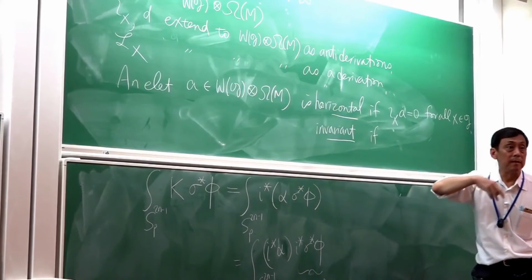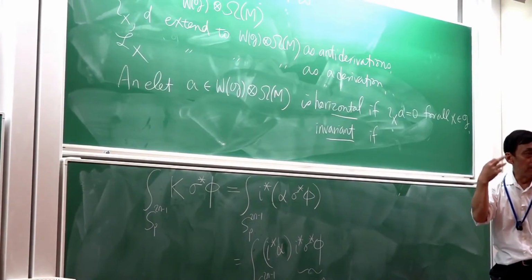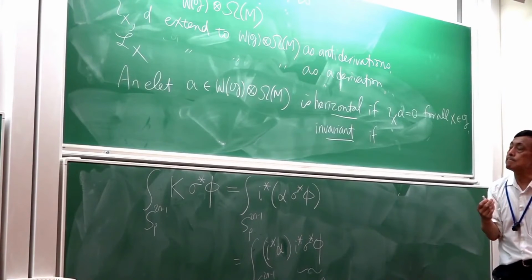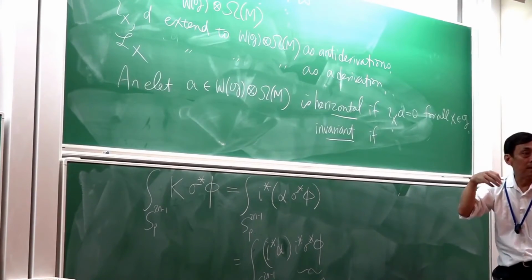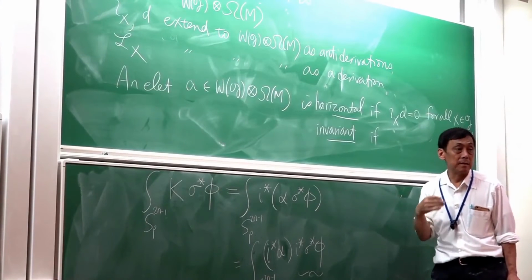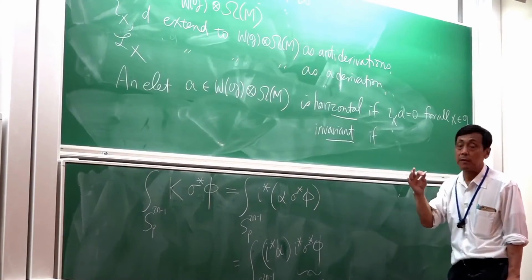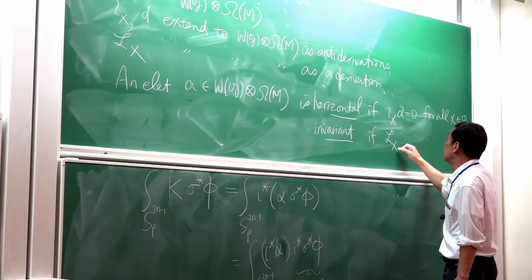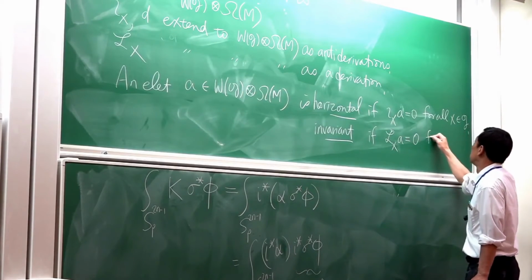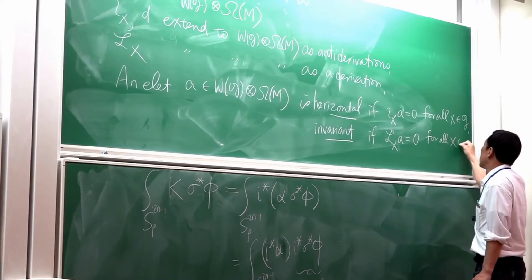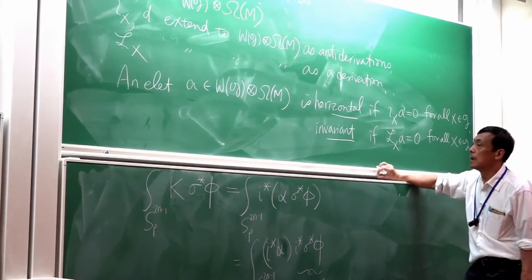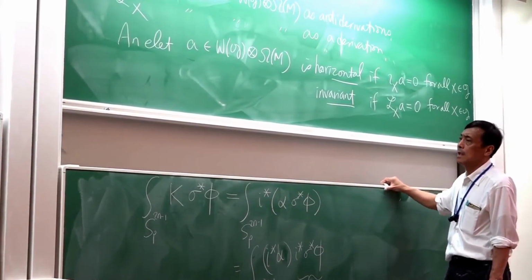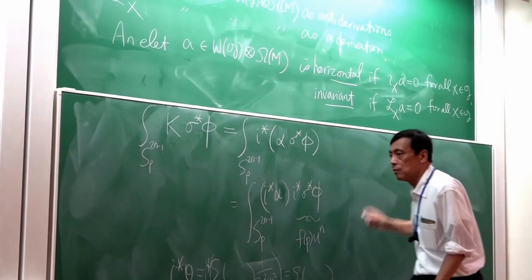Invariant means that under the pullback by multiplication it stays the same, but then we showed that for a connected group, it's the same as saying that the Lie derivative is 0. And it's basic if it's horizontal and invariant.